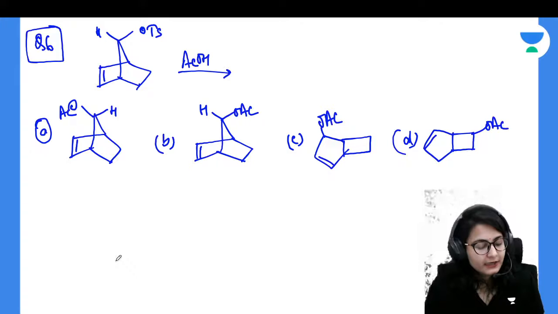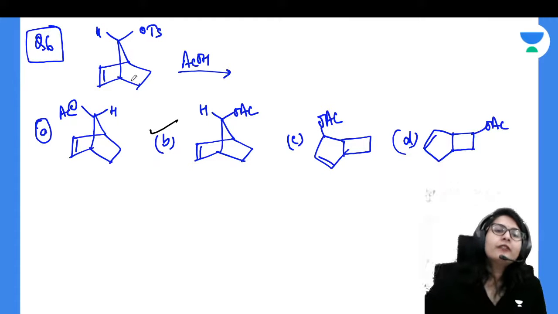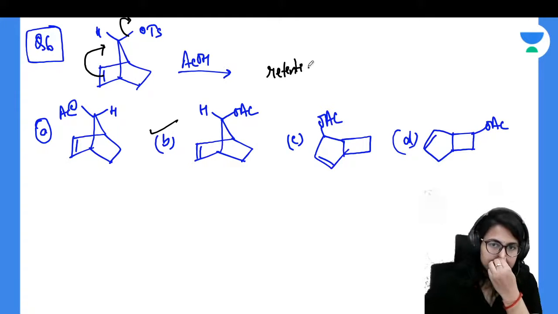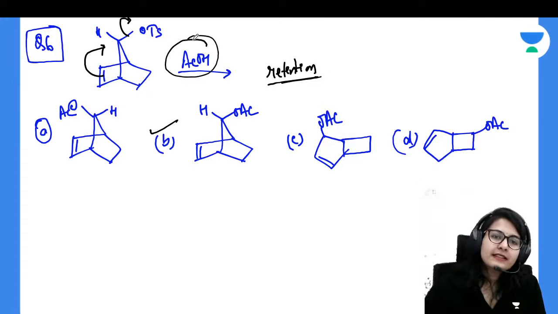Okay guys, but I see that not everyone is replying in the live chat. Everyone try to answer. Definitely the answer is option number B. What we are doing over here is NGP by a carbon-carbon double bond, and because of that we are going to have retention. This reaction is acetolysis.